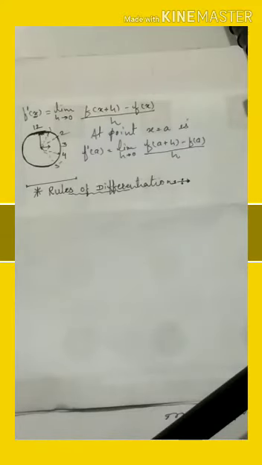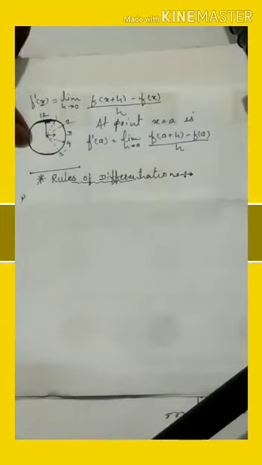So now in the next part we are going to deal with the rules of differentiation. There are certain rules of differentiation, those rules have to be followed while differentiating any particular function. So the first algebraic rule is regarding addition and subtraction of two functions.